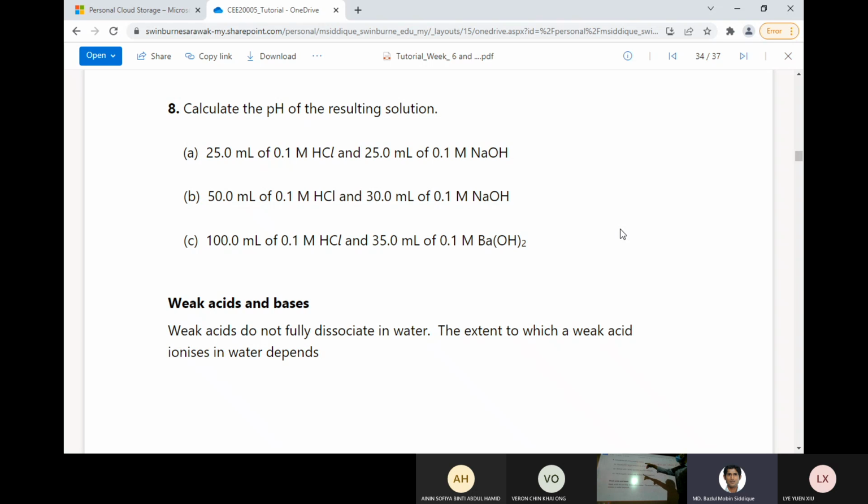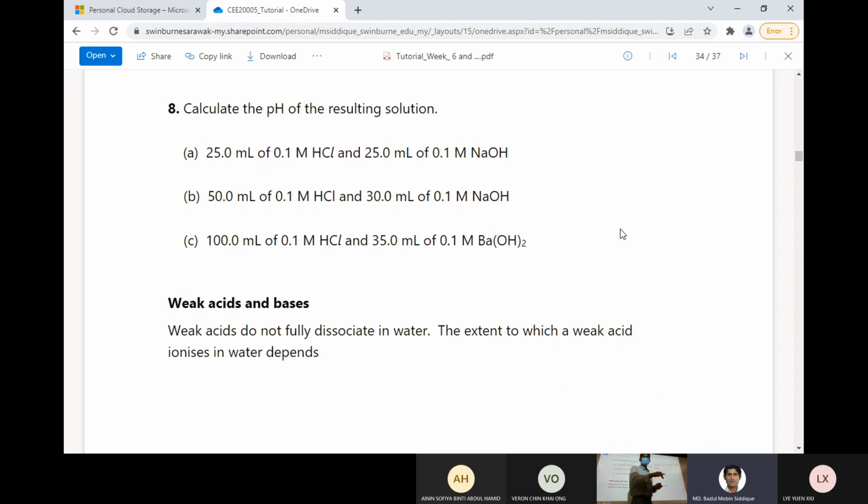So 25 milliliter of 0.1 molar HCl, how many moles are there? How do you find it? N equals C times V, right? Very simple equation. C is 0.1 molar and V is 25 milliliter. We cannot use 25 milliliter as it is.